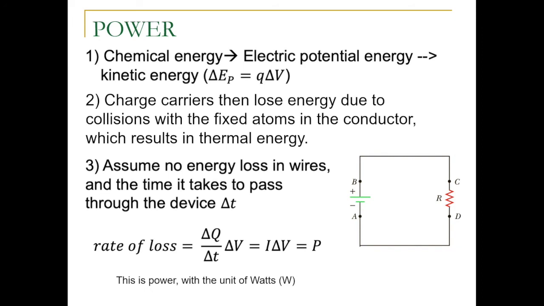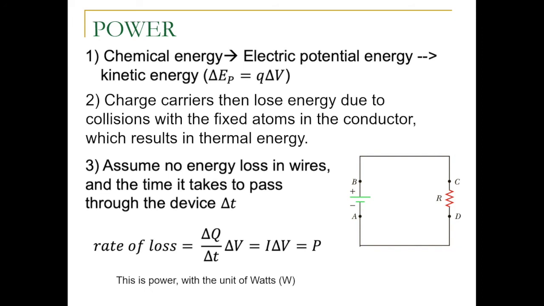So if we take our equation for energy, which is equal to Q delta V, and we relate this with respect to our time delta T, well, now we've actually created an equation for power, because power by definition is the amount of work per unit time, which in this case is the amount of energy used per unit time. We also know that delta Q over delta T has been defined as current.